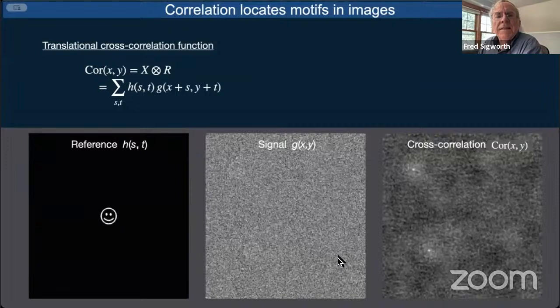And the reason this is interesting is it still works when the signal to noise ratio is horrible. Here's the same problem, but here you can hardly see the smiley faces in the signal, but we get clear cross correlation peaks. So that of course is exploited in particle picking.